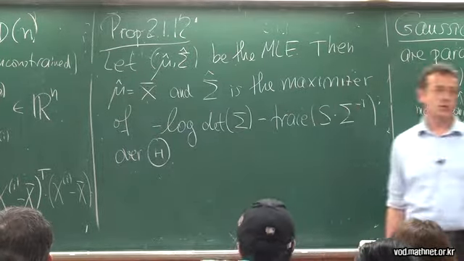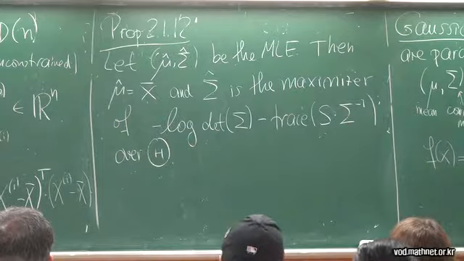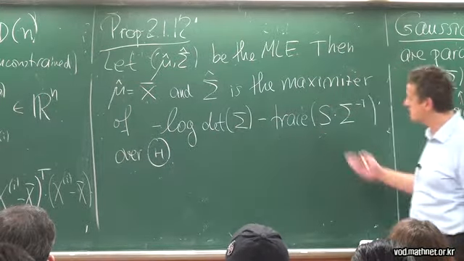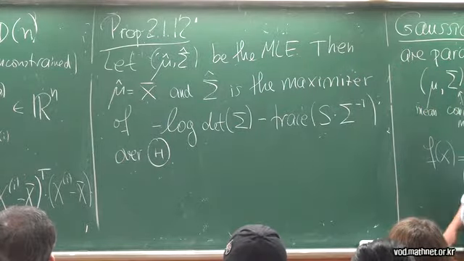Okay. So among all covariance matrices in his model, we're maximizing this quantity. Okay?